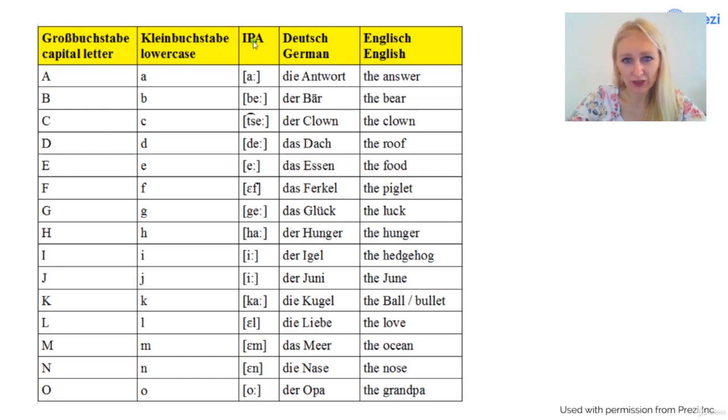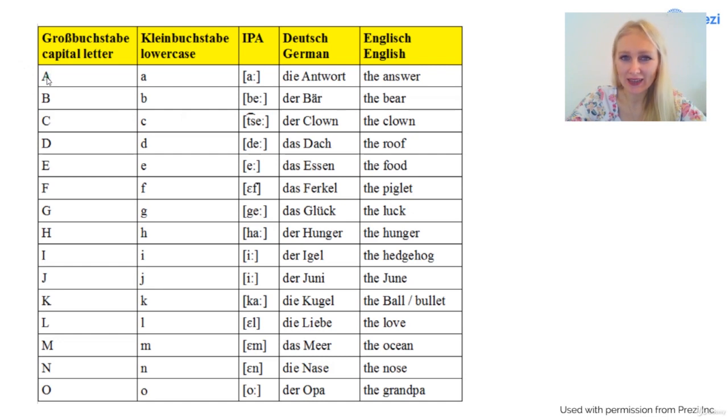IPA, this is the International Phonetic Alphabet. So here you see how the letters are pronounced. Deutsch means German. Okay, don't confuse it with Dutch. This is not Dutch, it's Deutsch. Okay, and English is English. So you see it's written almost the same, just the pronunciation is a little bit different. So let's have a look at the letters.